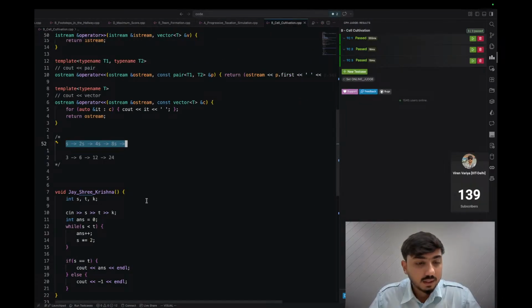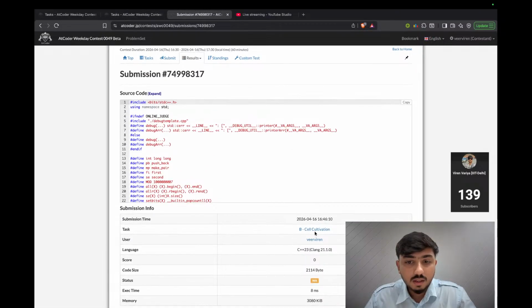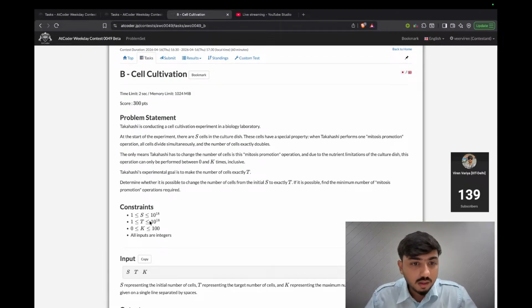What we are missing is it's 10 to the power 18, right?